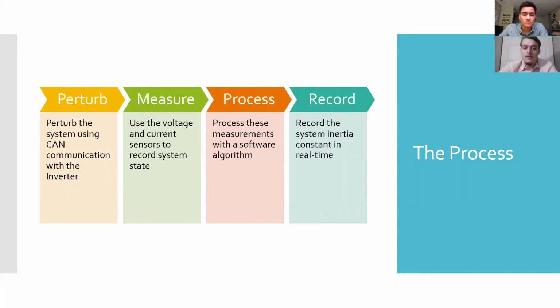Those values will be sent to the Opal RT for processing. We process it through our algorithm, and then we should be able to spit out the system inertia constant in real time. That is a very, very broad overview of what we'll be doing.